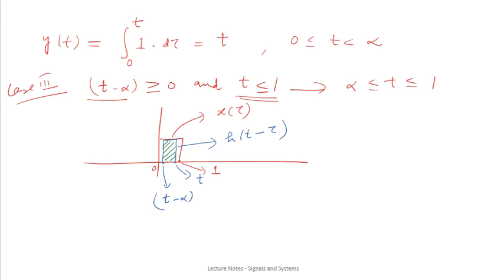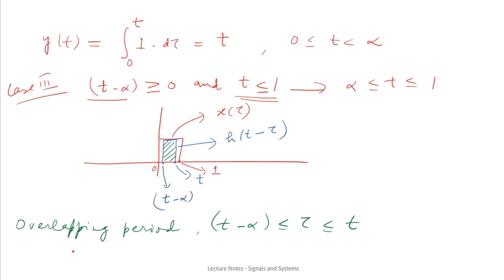So for this overlapping period, which can be written in this manner, the convolution, that is y(t), you just have to put the limits according to the period of overlapping.